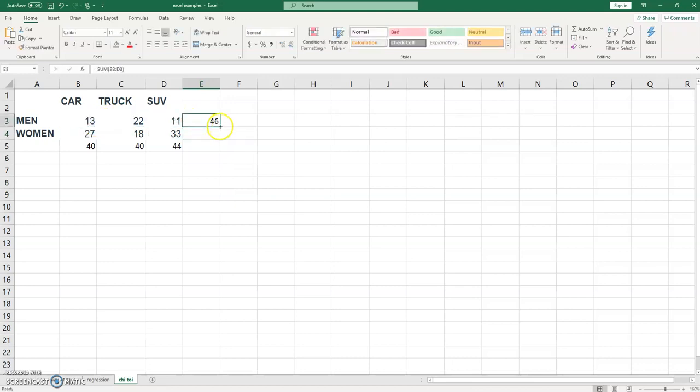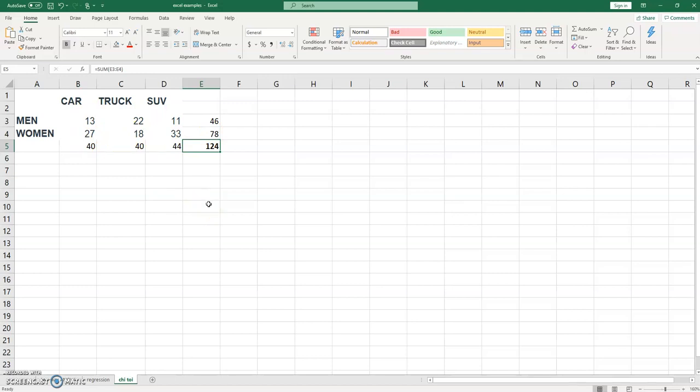We can grab and drag, and then we just need to sum. You can sum either of these because they should sum to the exact same number. If they don't, there was a mistake somewhere. So there you go. Our total sample is 124 cases observed, 46 men, 78 women, and broken down like this for the different vehicle types.